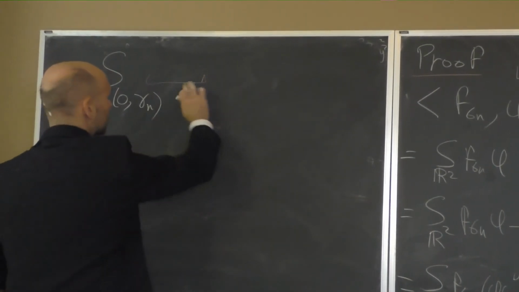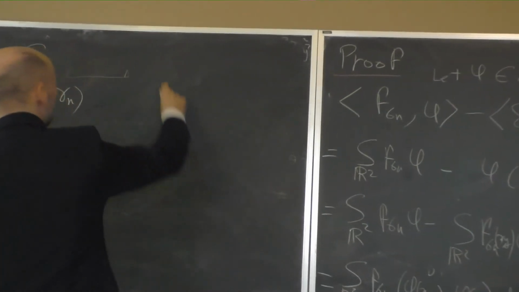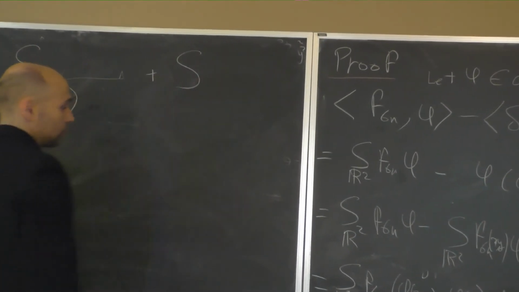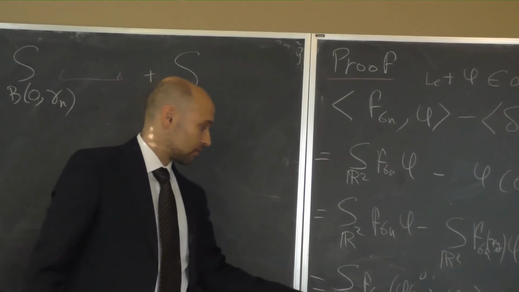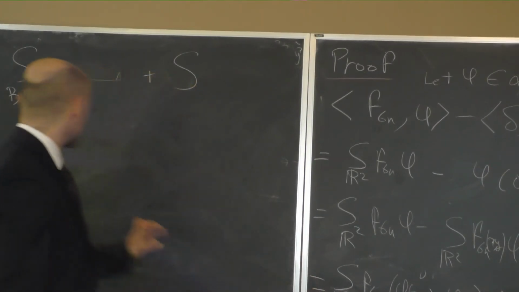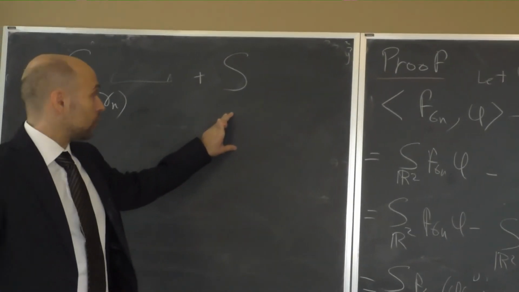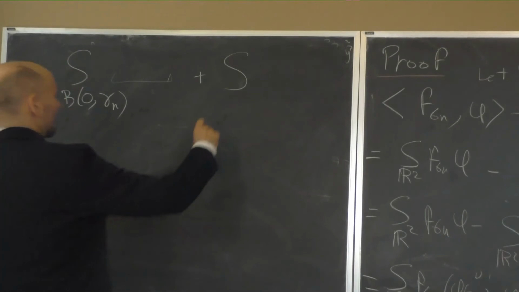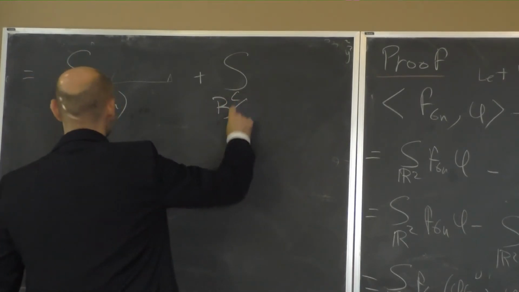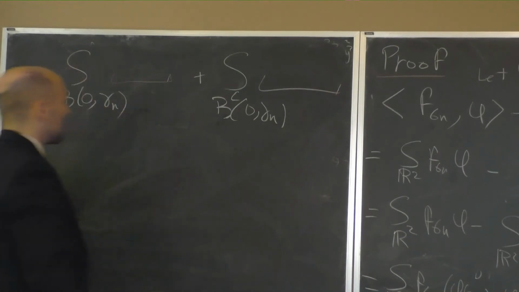So the expression here doesn't change, and plus, since this integral is on the whole domain R2, if I integrate here on the ball, I have to integrate here on the complementary of the ball. The complementary of the ball is that, and both are the same term.